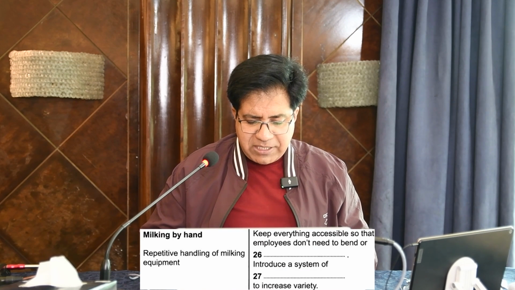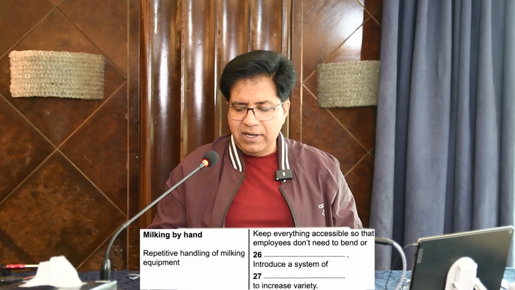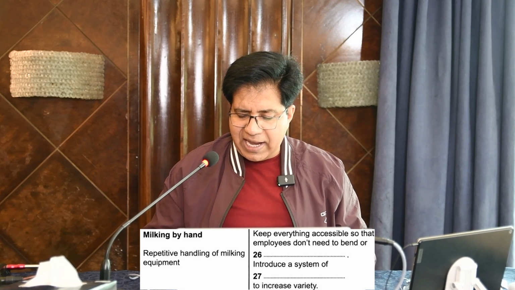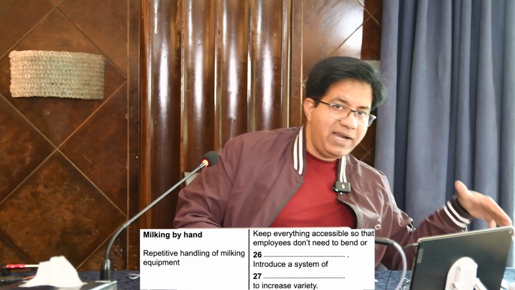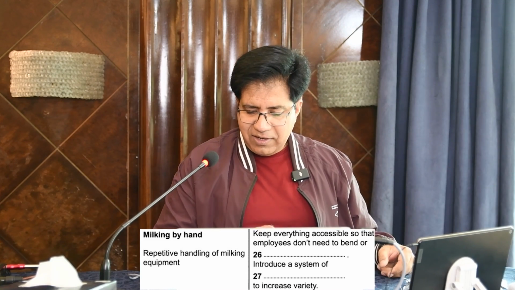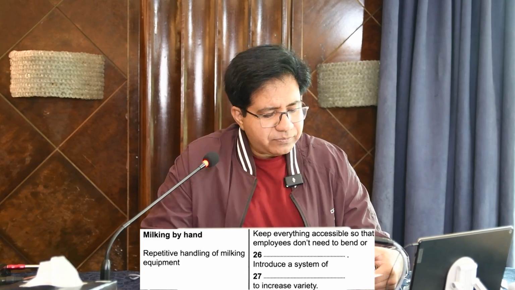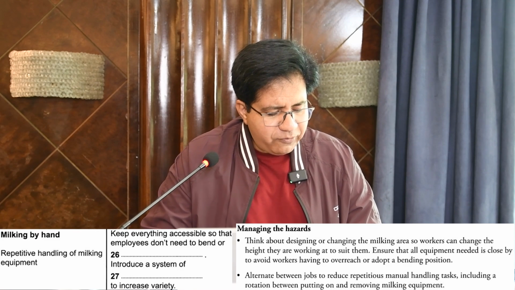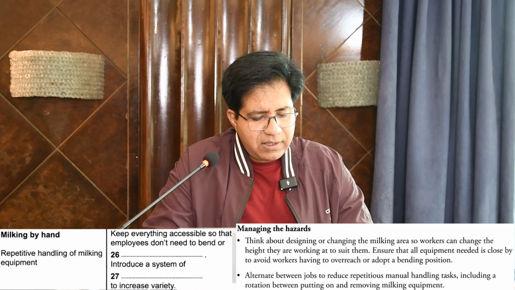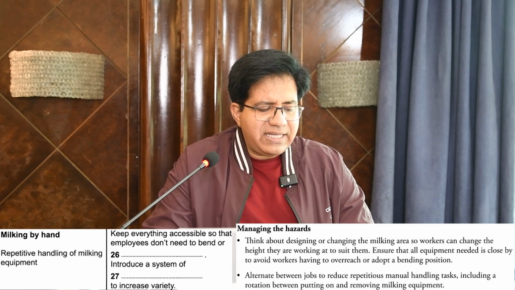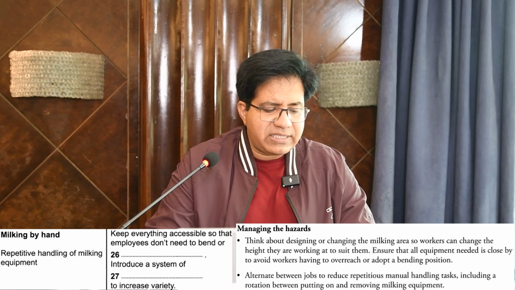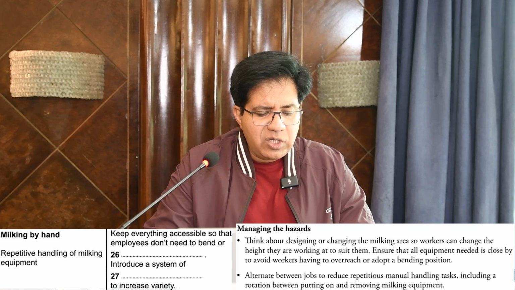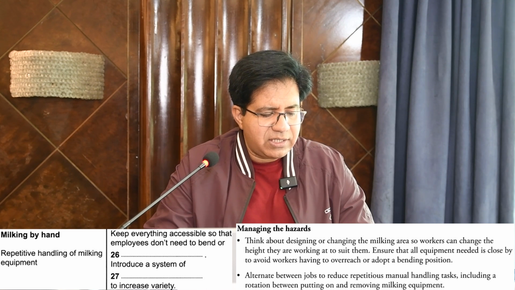Milking by hand, repetitive handling of milking equipment. Keep everything accessible so that employees don't need to bend or dash. Bend for something or dash. Bend or dash. Last paragraph. Look for the word bend. Okay, it's the second last bullet point, second page, managing the hazards. Think about designing or changing the milking area so workers can change the height they are working at to suit them.